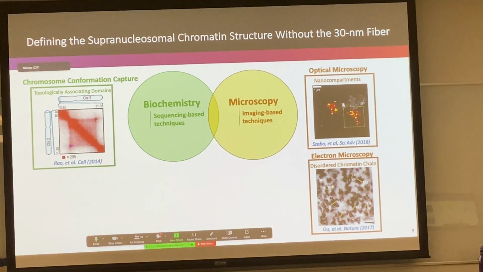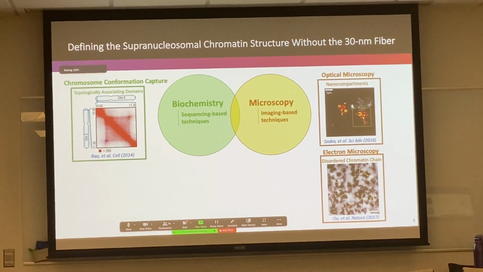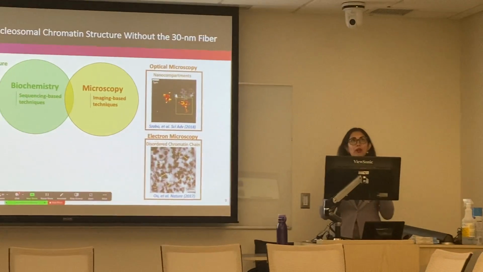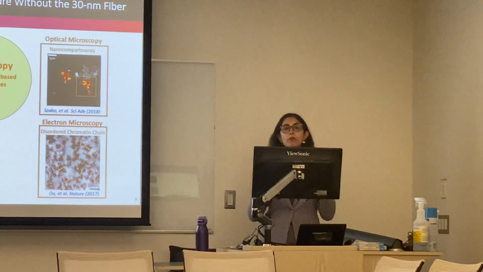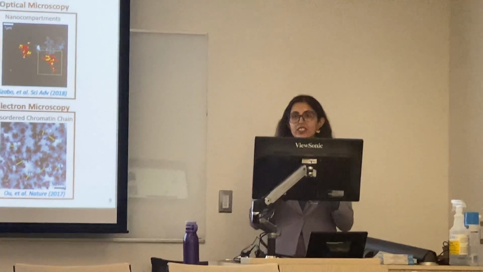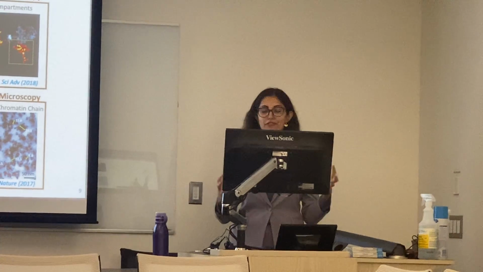However, the existence of structures such as topologically associating domains doesn't always dictate functionality. For example, when previous studies have mechanistically perturbed the structure of topologically associating domains, changes in gene transcription aren't necessarily observed to be significant.